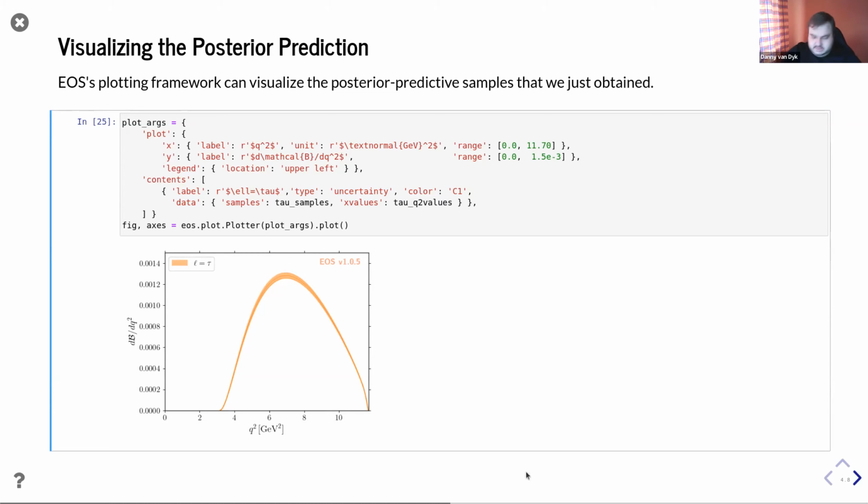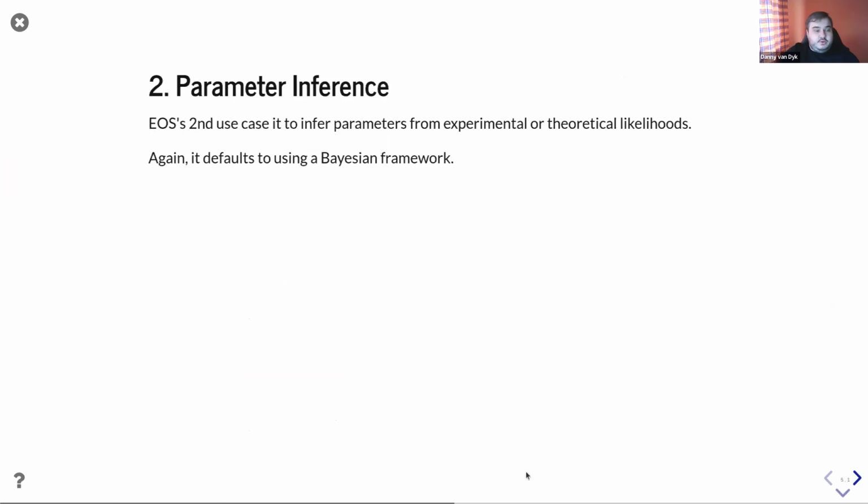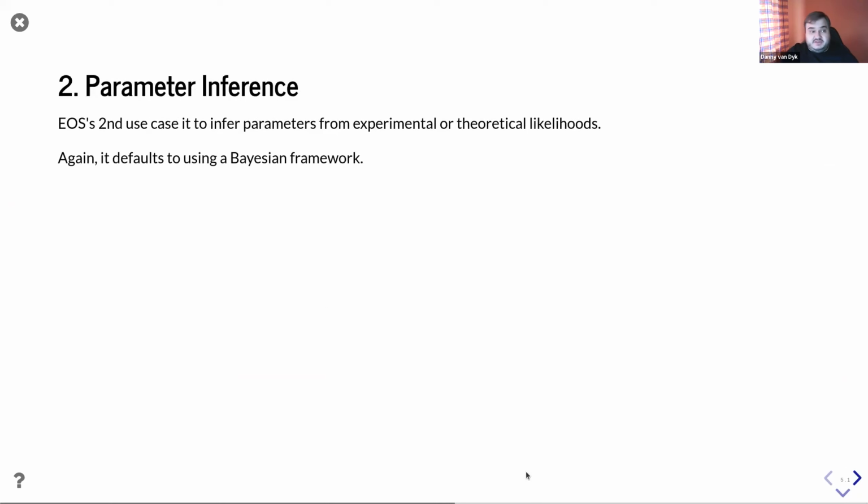Very good. Let me continue with the second use case, parameter inference. So as I said before, EOS can be used to infer parameters from either experimental or theoretical likelihood. It really doesn't care. It treats them all the same. And again, it defaults to using a Bayesian framework.